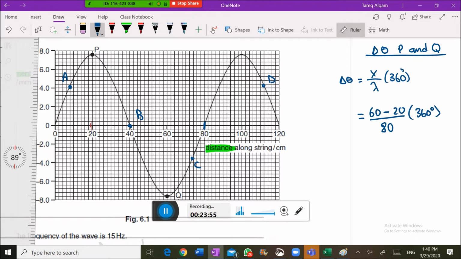This becomes 40 over 80 times 360 degrees, which gives me 180 degrees. So, guys, the phase difference between P and Q is 180, which means that they are oscillating in anti-phase.